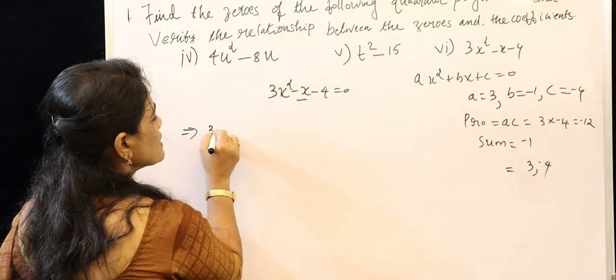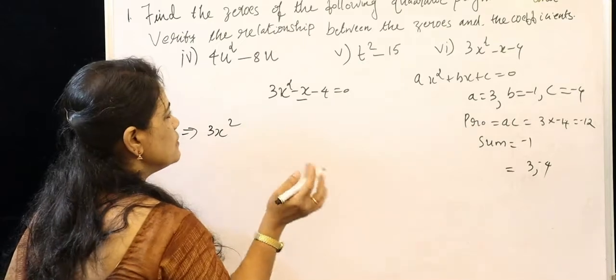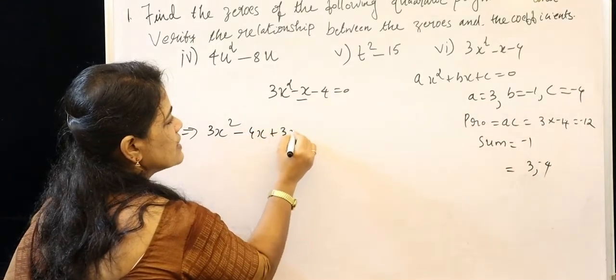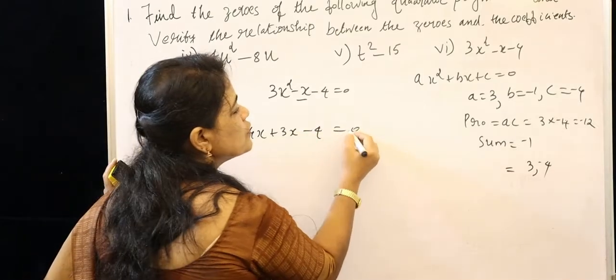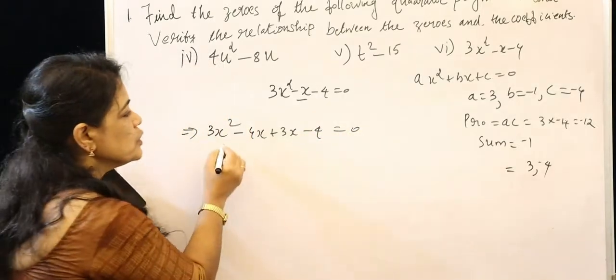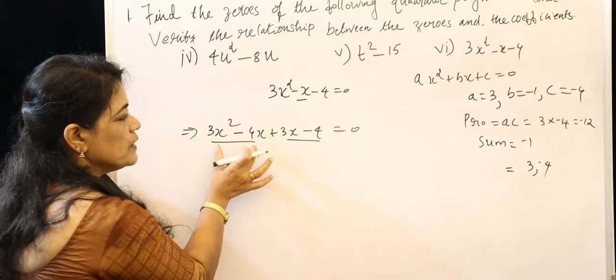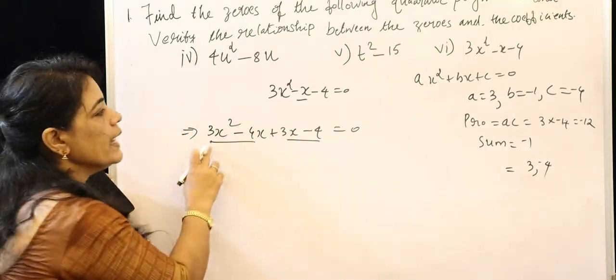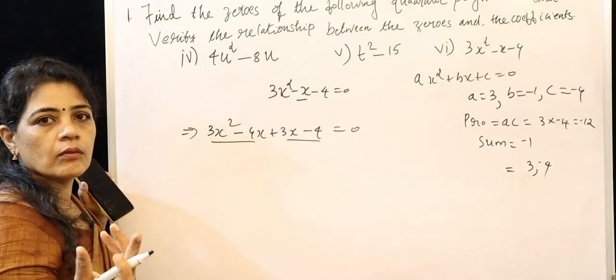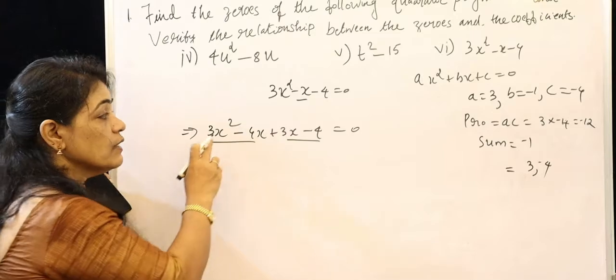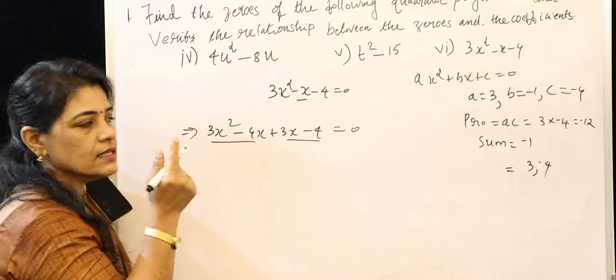So 3x square, first term and last term no change, minus 4x plus 3x minus 4 equal to 0. I am going to group these into two groups. From the numbers you can take 3 and 4, nothing is common in the coefficients, but in the variables x square and x, x is common.